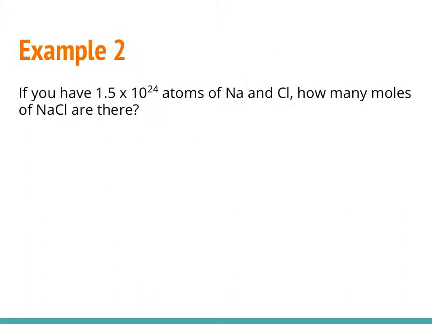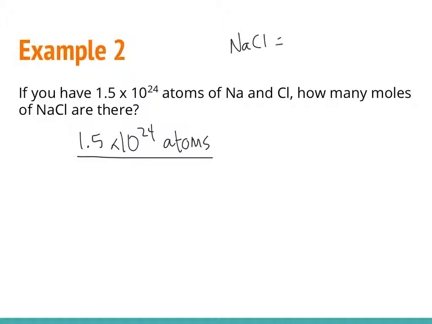Let's just convert back the other way. If we have 1.5 times 10 to the 24 atoms of sodium and chlorine together, how many moles of sodium chloride are there? To get the number of molecules, we know that each sodium chloride molecule has 2 atoms.